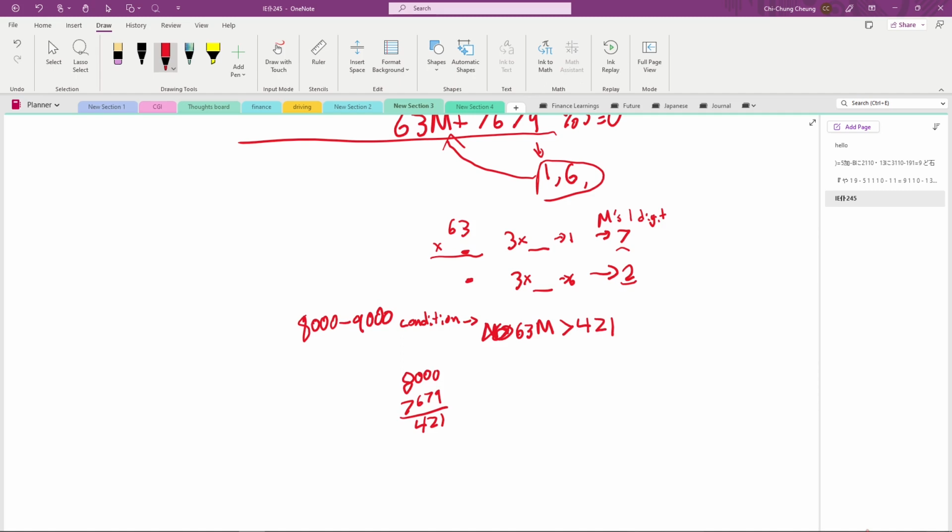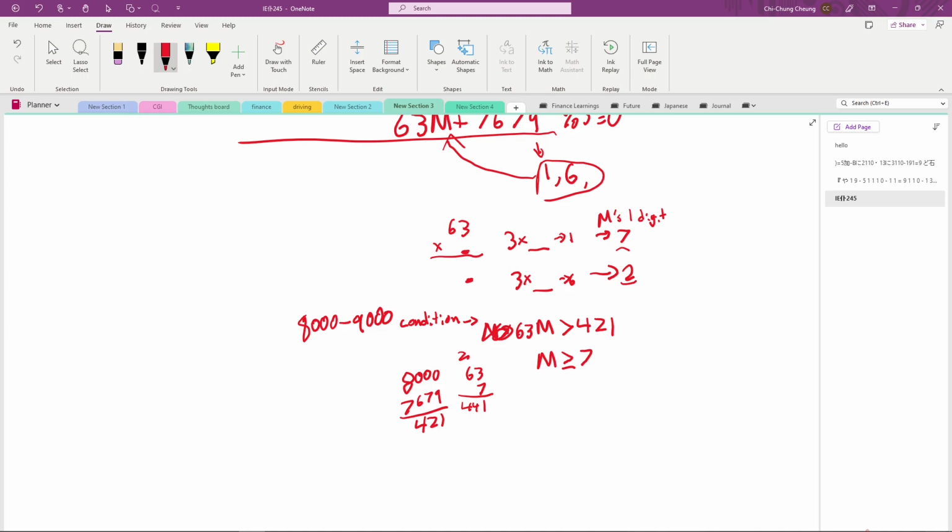If I do 7, then 63 times 7 is 441. Okay, that's right. And if you do less than 7, it's under, right? So m has to be at least 7. What's the max condition?